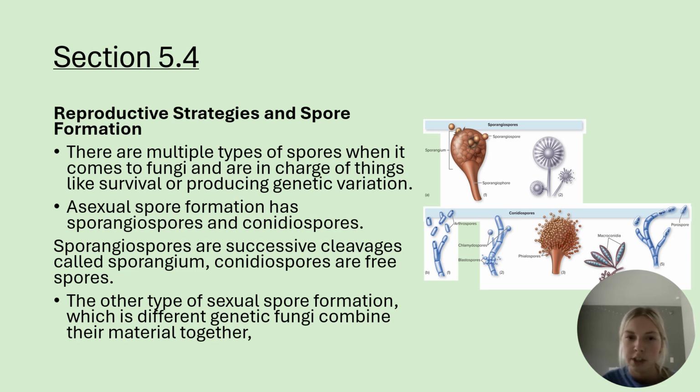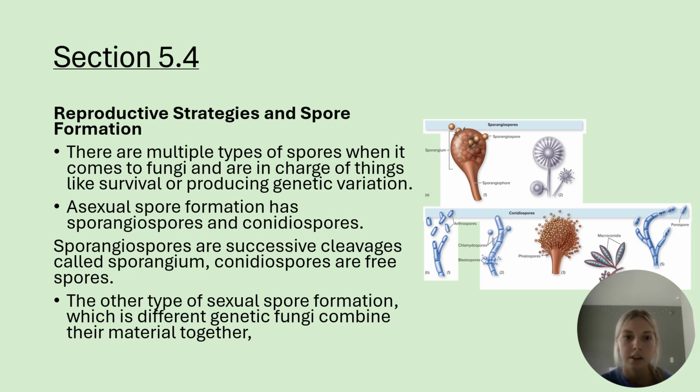Asexual spore formation has sporangiospores and conidiospores. Sporangiospores form by successive cleavages inside a sporangium, and conidiospores are free spores. In the other type, sexual spore formation, genetic material from different fungi is combined.